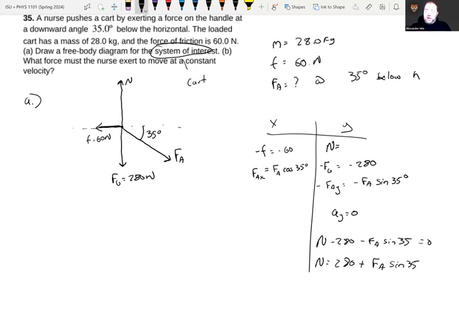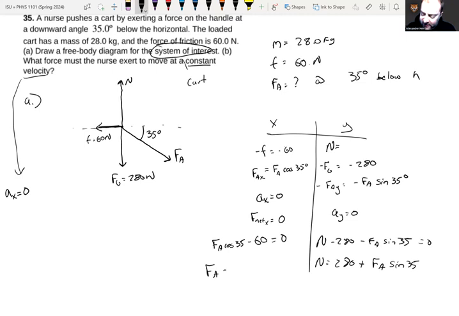But we can find FA by knowing the x acceleration. So it says what force to move at a constant velocity. The key takeaway from this is that your horizontal acceleration is 0. Remember, constant velocity means an acceleration of 0. So we have A sub x is equal to 0, which means F net in the x direction has to be equal to 0, which means that FA cosine of 35, taking the positive, subtracting the 60, which was the friction, should equal 0.